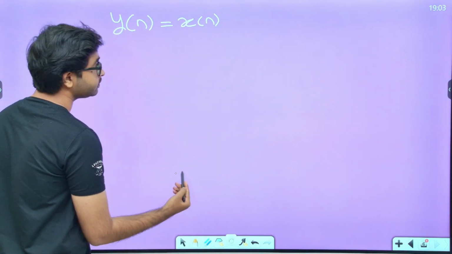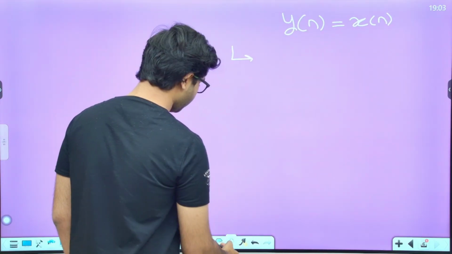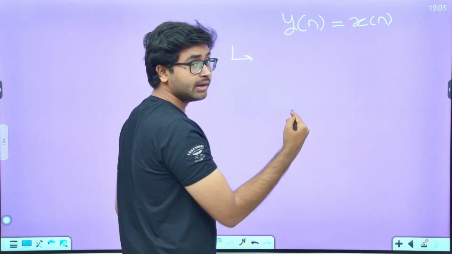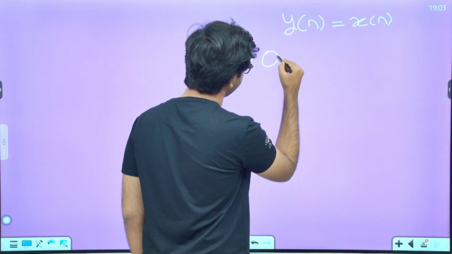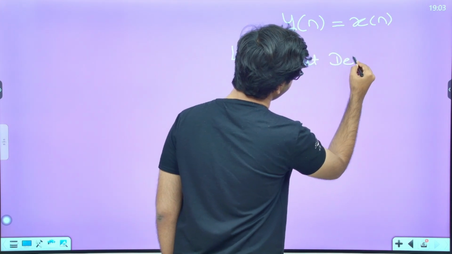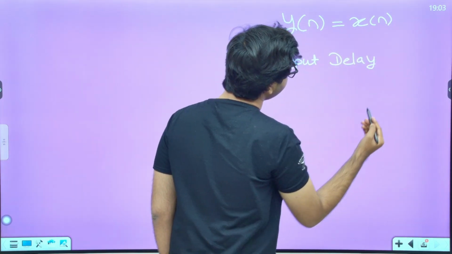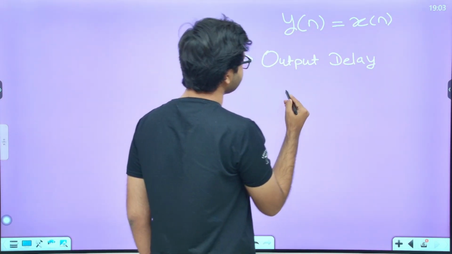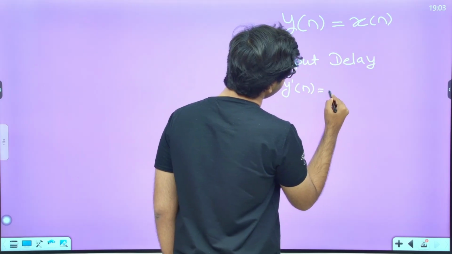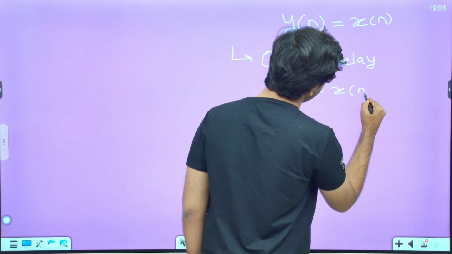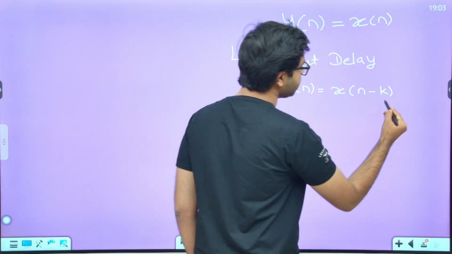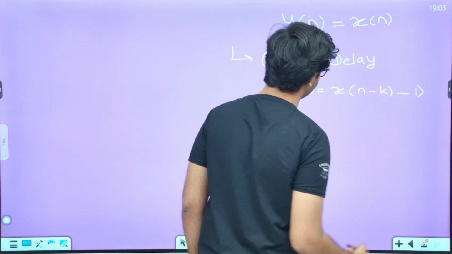What we will do is firstly see the delay in output. And how can we add delay? By adding some constant k, let's say. So y dash of n will be x of n minus k. This is the delay in output, and this will become our equation 1.